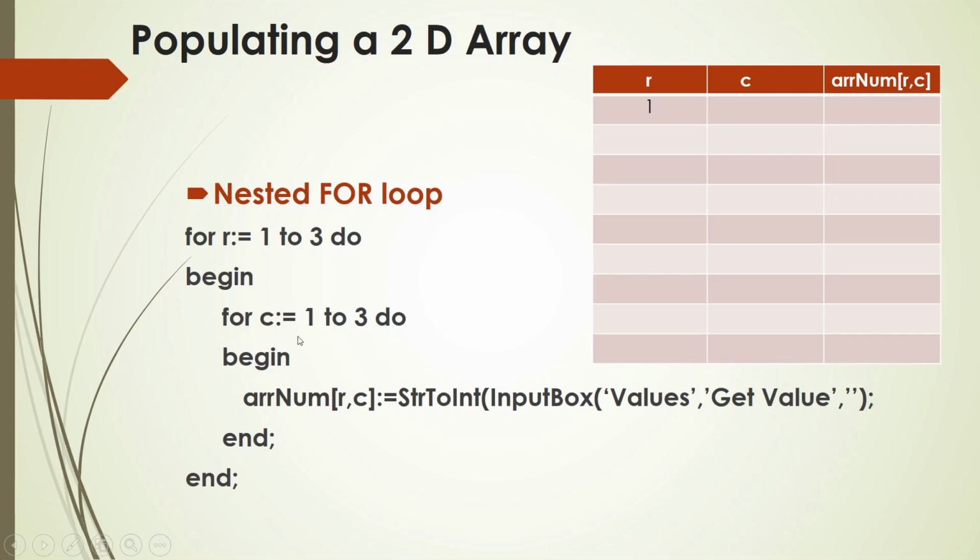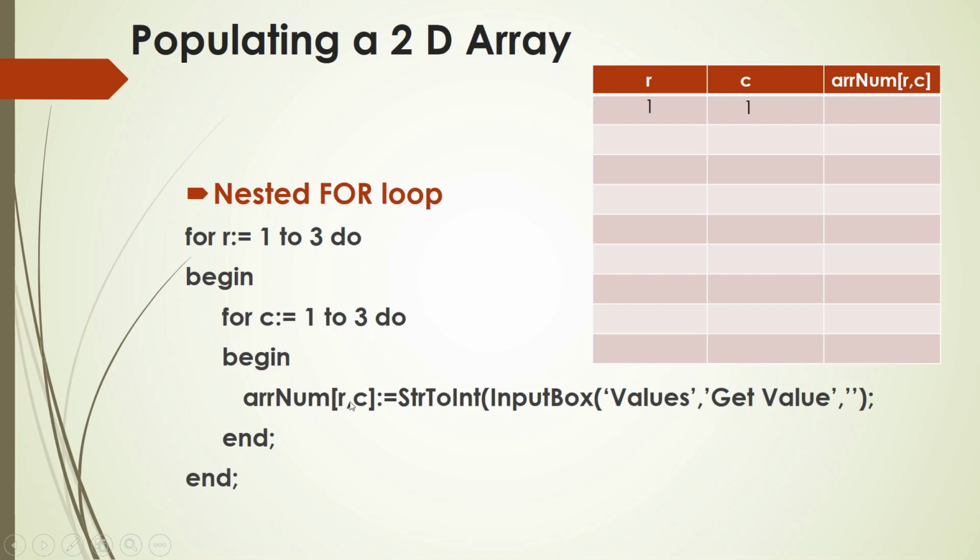True. I then come into my inner for loop. My inner for loop counting variable is C. C starts off at 1. I test my condition. It evaluates to true, yes, 1 is less than or equal to 3.